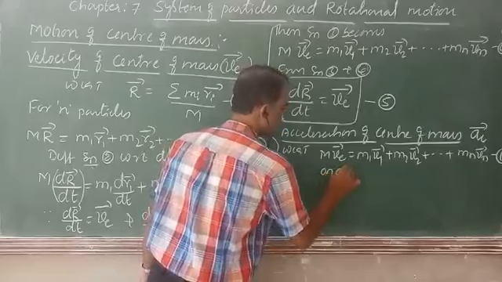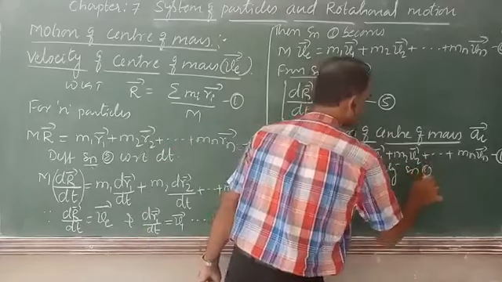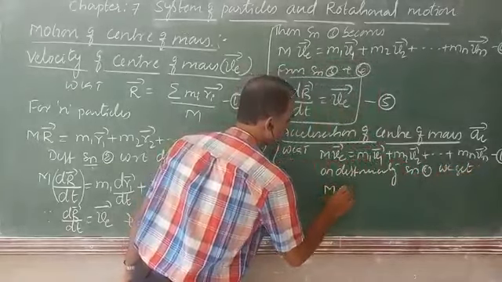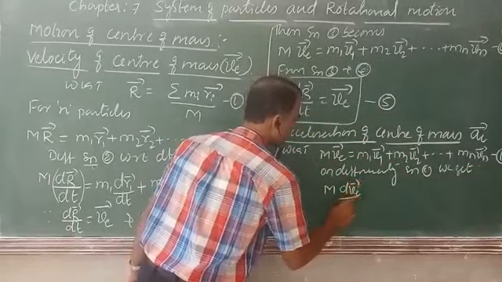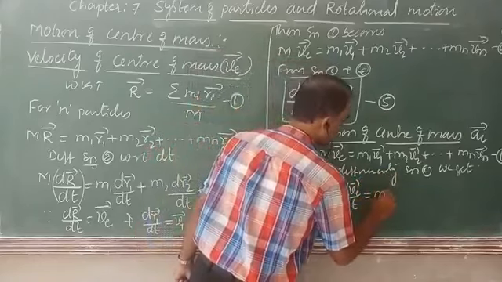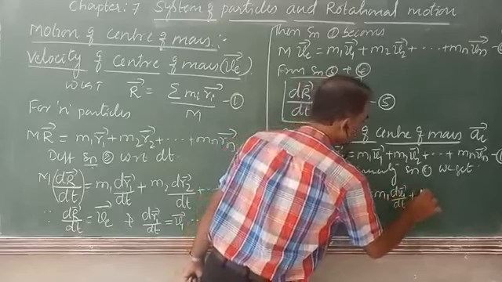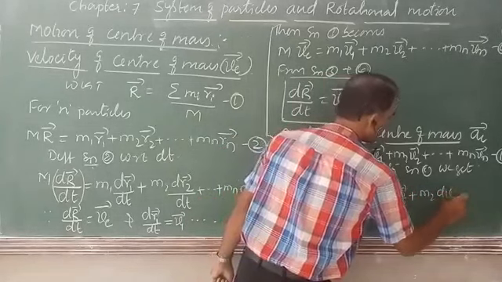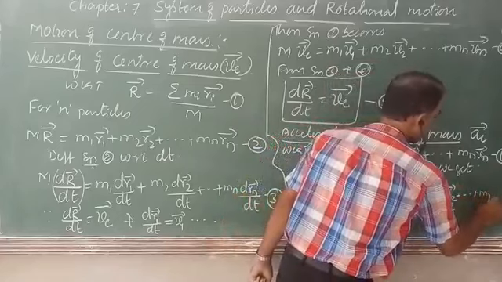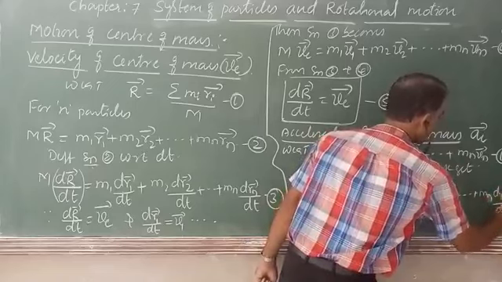So on differentiating equation 1, we get M into dvc divided by dt, which is equal to m1 dv1 divided by dt plus m2 dv2 divided by dt plus so on plus mn into dvn divided by dt.